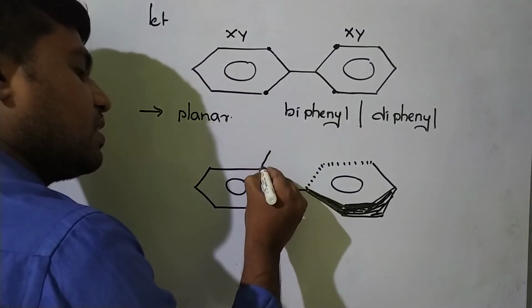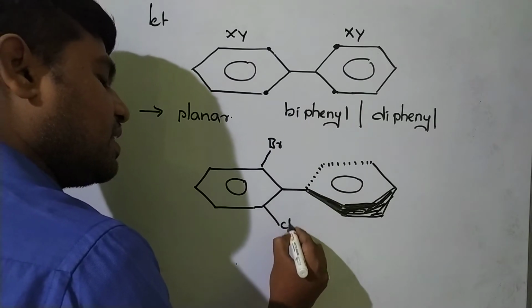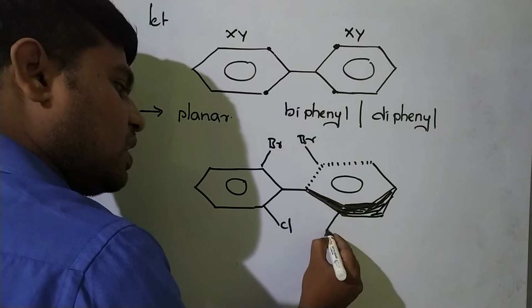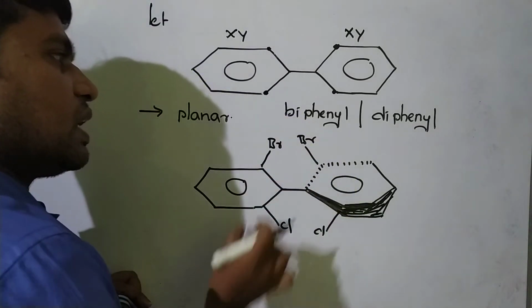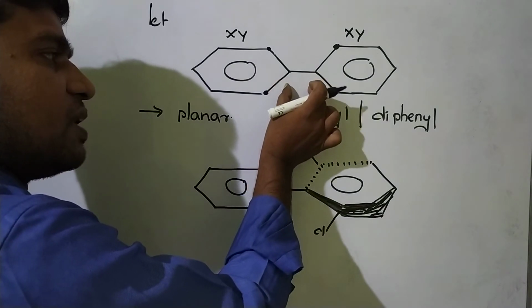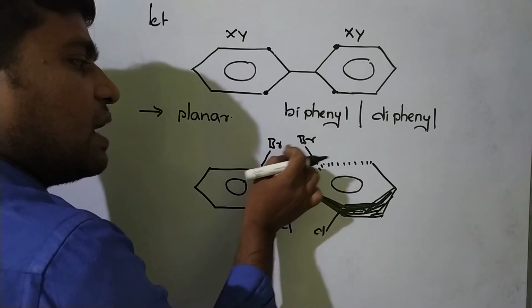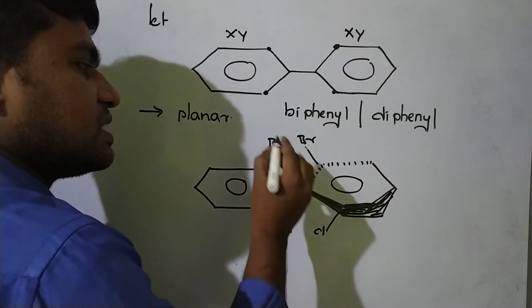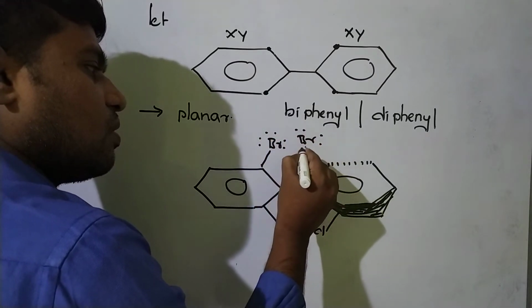Here some bromine atom, here some chlorine atom, here bromine, here chlorine. Means we introduce these bulky groups in this planar biphenyl molecule. Immediately the repulsion arises between these bulky groups, the bromine and chlorine atoms, each carrying 3 lone pairs.